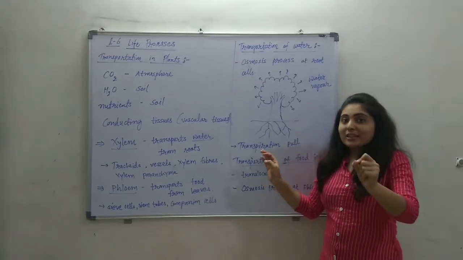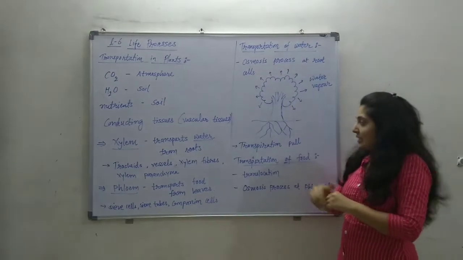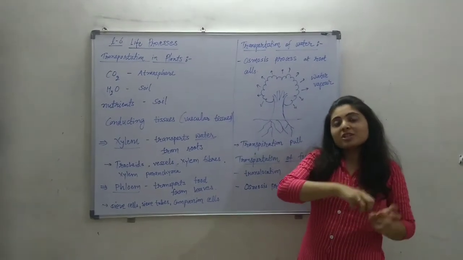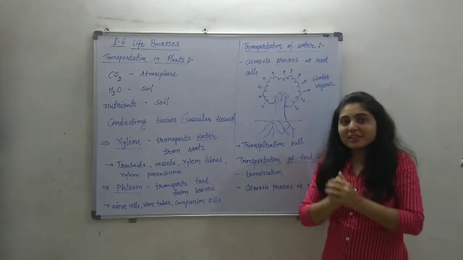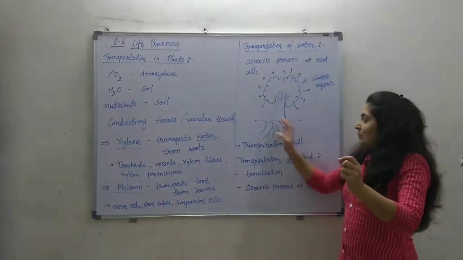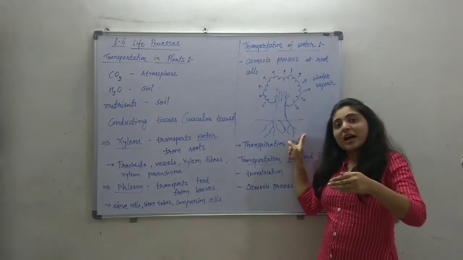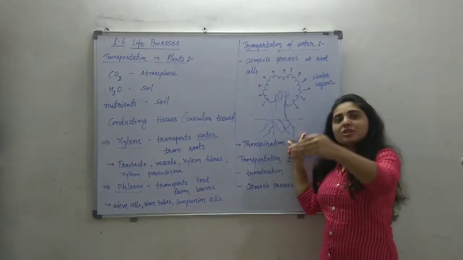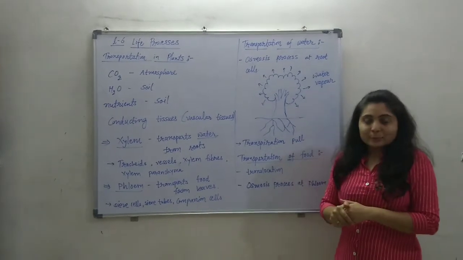As we have seen, there is an osmosis process occurring at the root cells in which water travels from low concentration to high concentration. Outside, the ion concentration is less, so water will flow from less concentration to high concentration. So water will enter the root cells.